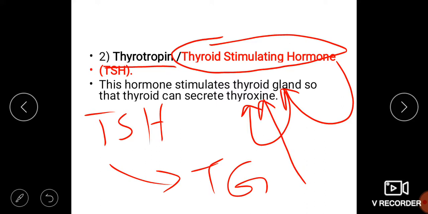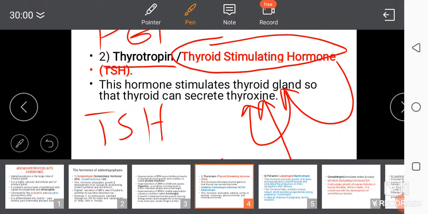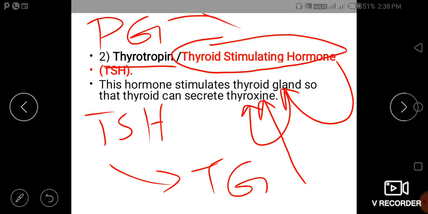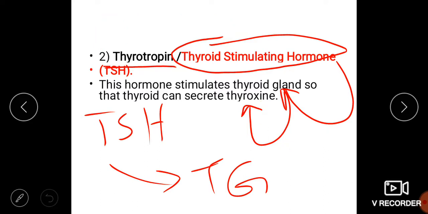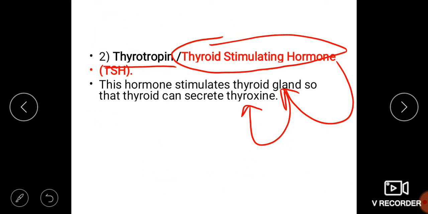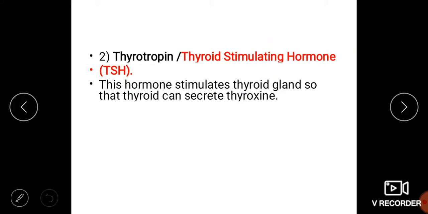Of course, thyroid stimulating hormone is produced by the pituitary gland. That is the second important hormone of the adenohypophysis.